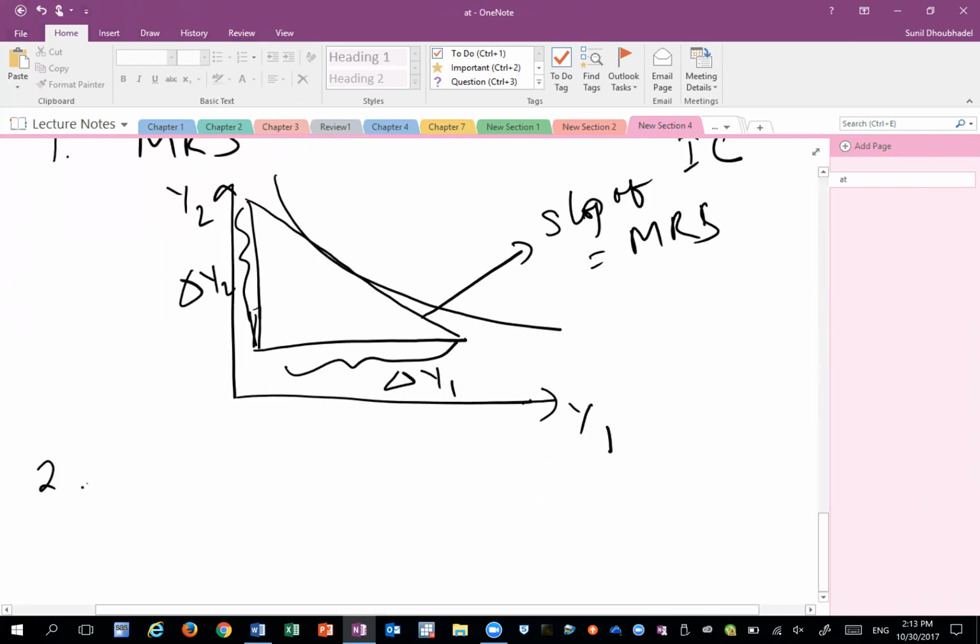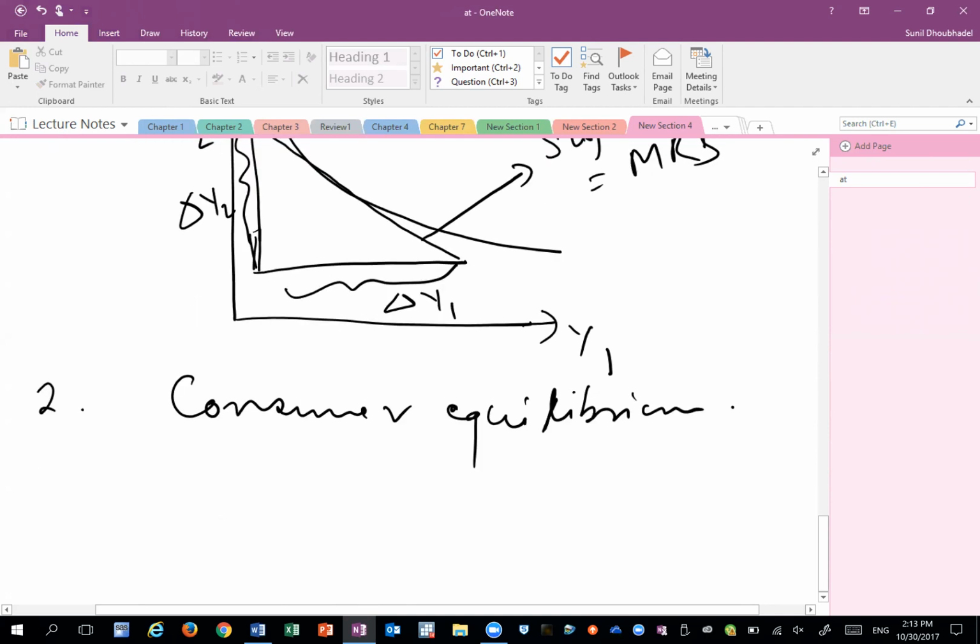Another concept you should not miss is consumer equilibrium. What is the meaning of consumer equilibrium, and what is the mathematical condition for that? Can somebody tell me? It is what?